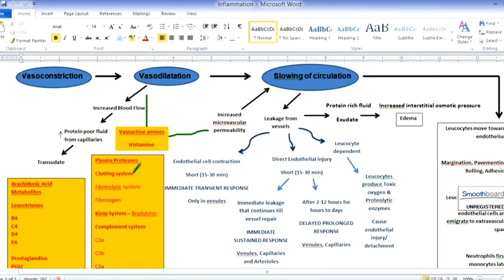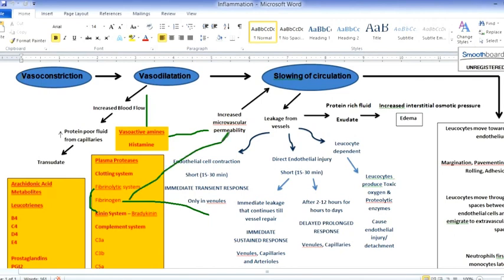Plasma proteins, clotting system, and fibrinolytic system cause activation of the kinin system and production of bradykinin, whereas fibrinogen causes two important things. First is that it causes chemotaxis of the leukocytes once they are outside, and it can also cause an increased microvascular permeability.